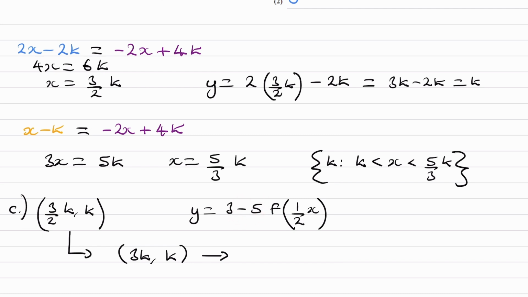The y-coordinate was k, now it'll be minus 5k. And then the final transformation, this shift of 3 upwards, we're adding 3 to the y-coordinates, so this y-coordinate becomes minus 5k plus 3, or 3 minus 5k. And that will be our final answer. This will be the new coordinate for the minimum point.